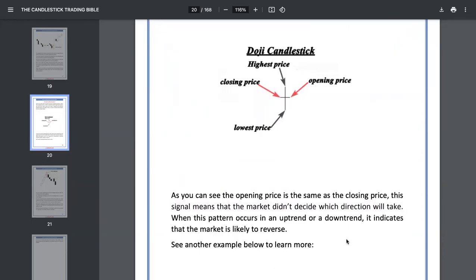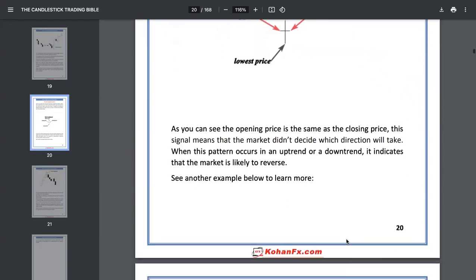This signal means that the market didn't decide which direction it will take. When this pattern occurs in an uptrend or in a downtrend, it indicates that the market is likely to reverse. So Doji represents reversal, it represents indecision.